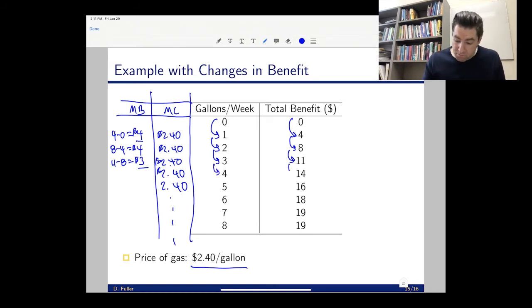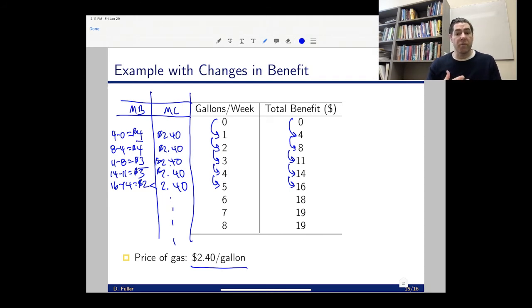My benefit goes up from 11 to 14. Still $3, still bigger than $2.40, so I'm going to add the fourth gallon. From 4 to 5, my benefit has only gone up by $2, which is less than the cost of $2.40. So the marginal benefit is less than the marginal cost. I'm not going to add the fifth gallon.